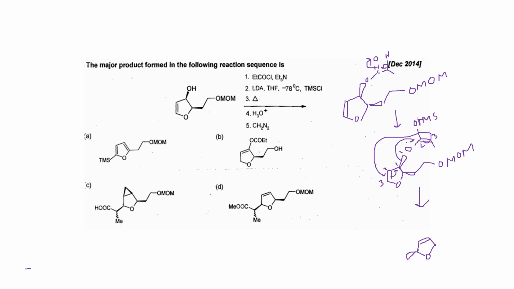As this group is above the plane and it is a concerted process, this will come also above the plane. So this is a concerted process, and as it is detaching from above the plane, it will enter here from above the plane.